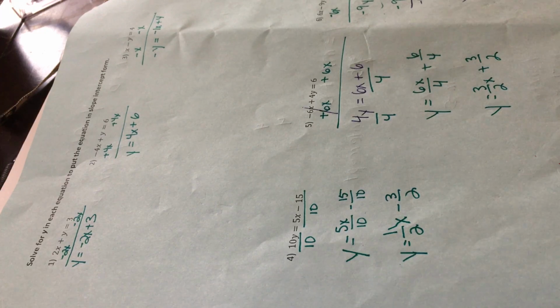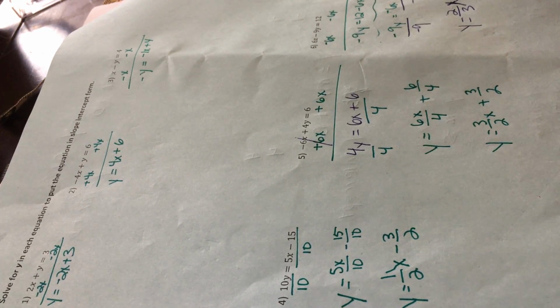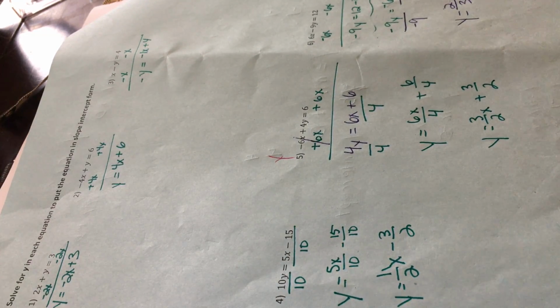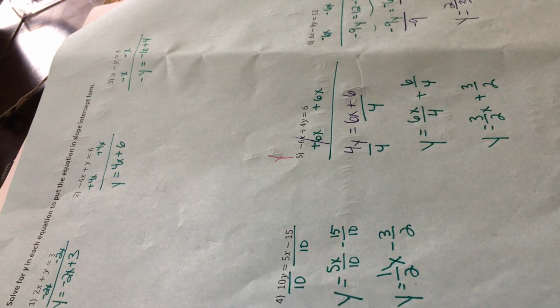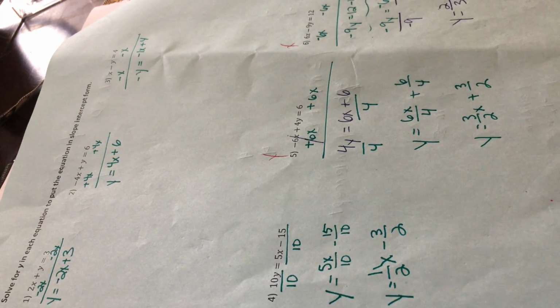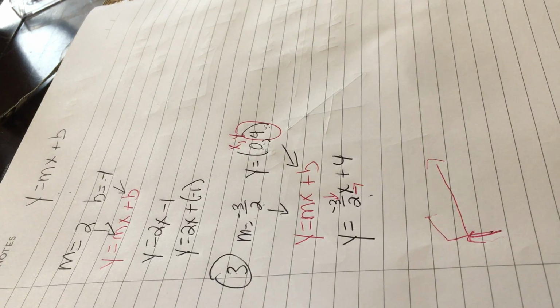I'm thinking number 5, and I'm thinking number 6. Okay, let's go over 5 and 6. And then I'll be done because I know I'm at about over 20 minutes and I don't want to be over 30 minutes.